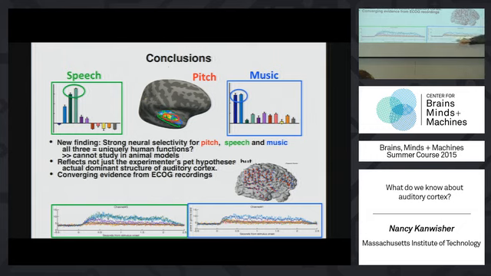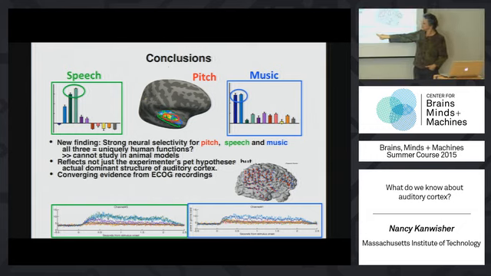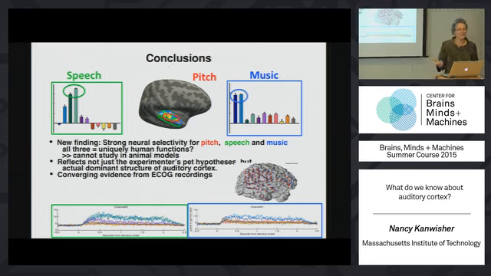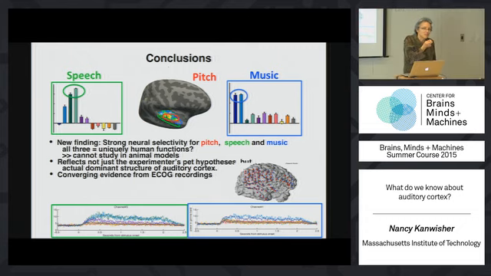And here is another electrode that responds to instrumental music in purple and singing in blue. What this shows is we can validate the selectivity with intracranial recording. We can see that selectivity in individual electrodes that you can't see in individual voxels. So that validates having to go through the tunnel of math to infer the latent selective components underneath, because we can see them in the raw data in the intracranial recording.